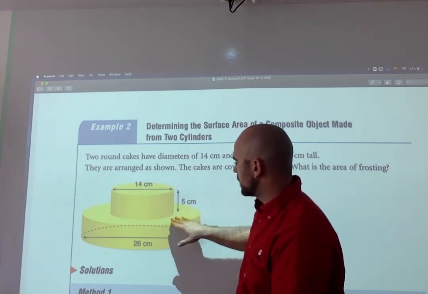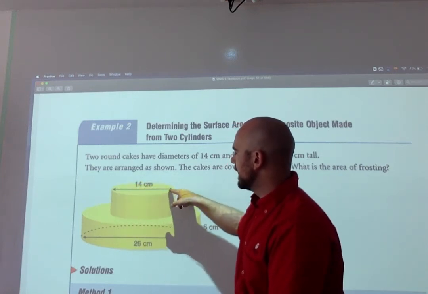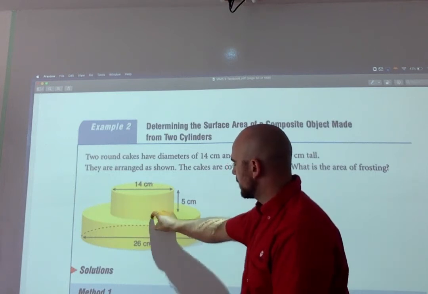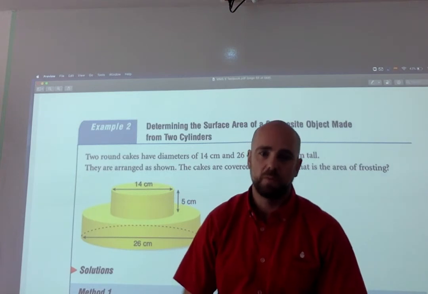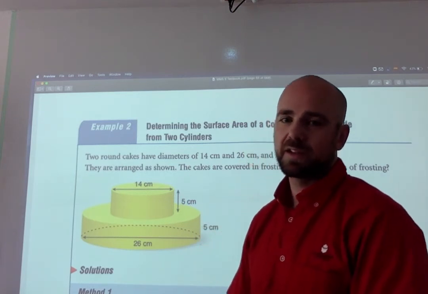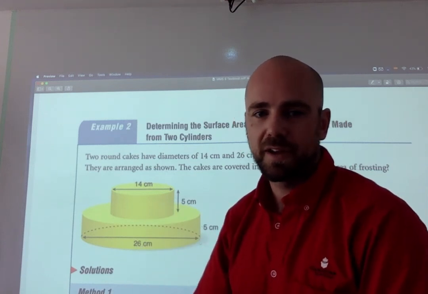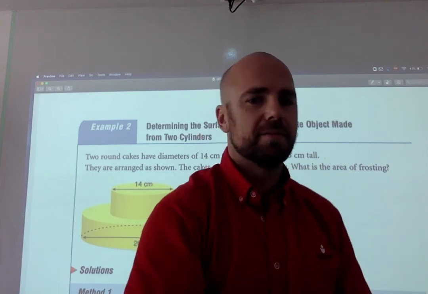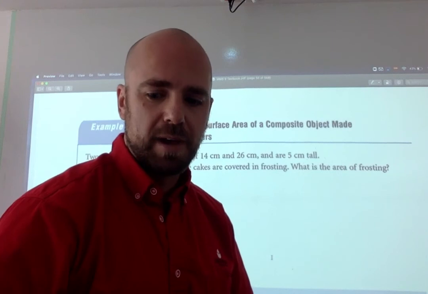So when we're talking about the bottom tier, the second tier, we'd have to subtract the area of the circle that would be on top of the cake to figure out what this little spacing on top would be. So you'd be able to calculate the entire surface area by just doing some simple problem solving, and then go all the way around each of the cakes, and then cover the tops of each of them as well.